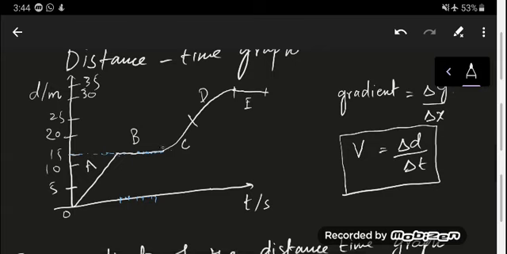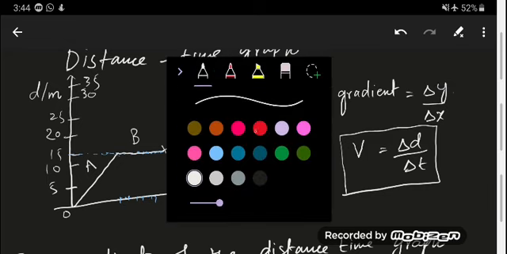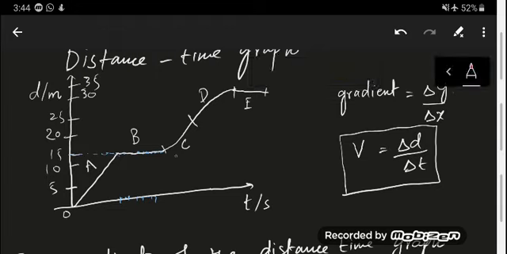What is happening at part C? You see, there is an increase in the gradient. I'm gonna show you with different colors here. So I'm gonna draw a tangent. A tangent is a line which touches at only one point. So this is touching at only one point, you see the gradient is increasing.